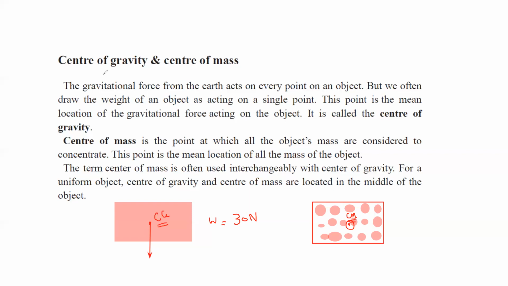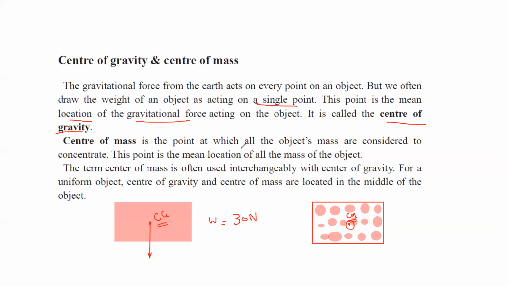When we explain gravitation, the gravitational force from the earth acts on every point of an object, but we often draw the weight of an object acting at a single point. This point, which is a mean location of the gravitational force, is known as center of gravity. And what is the meaning of center of mass?